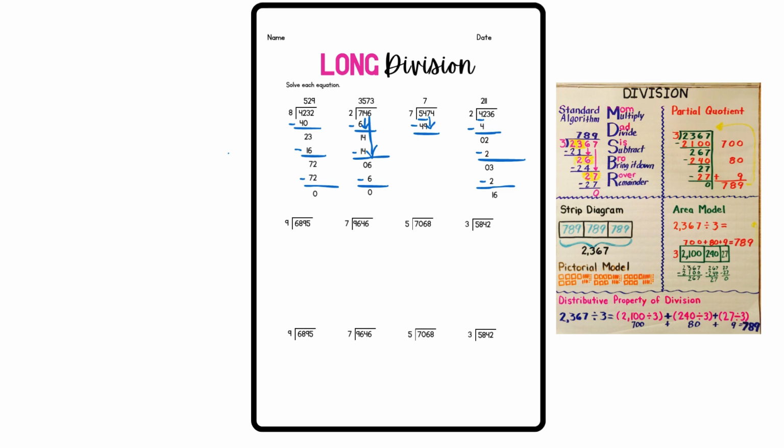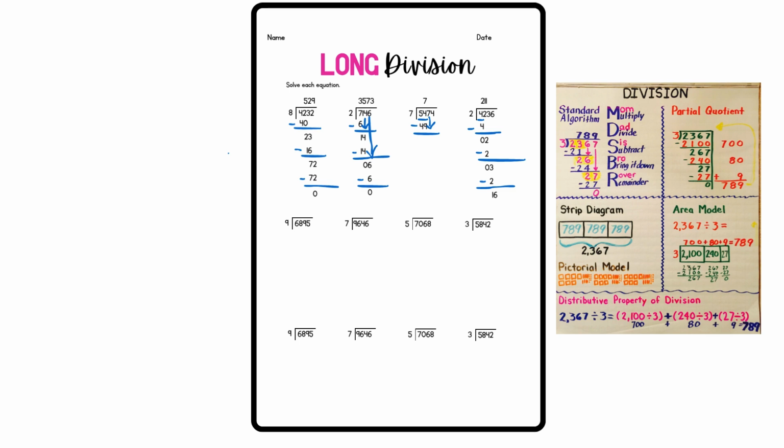So now we're looking at 23. How many 8s can fit into 23 without going over? The answer is 2. 8 times 2 is 16. Then when we subtract 16 from 23, we get 7. Remember the steps in long division. We have to bring down the next number, which is a 2.